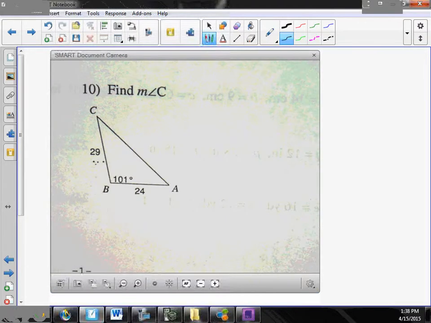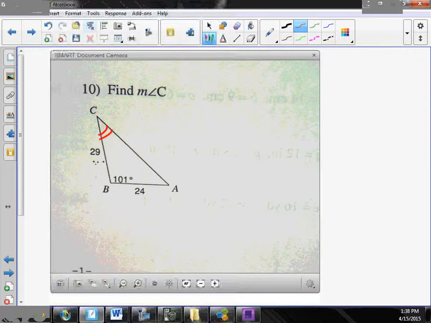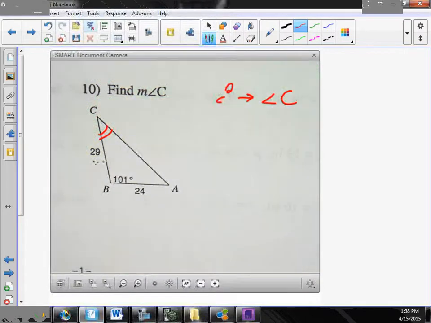So the goal is to figure out angle C. Well, in order to find angle C, I have to know side A, side B, and side C. Right? So the ultimate goal is to use the c squared equation so that I can find angle C.